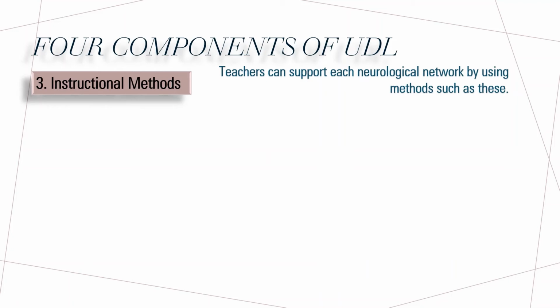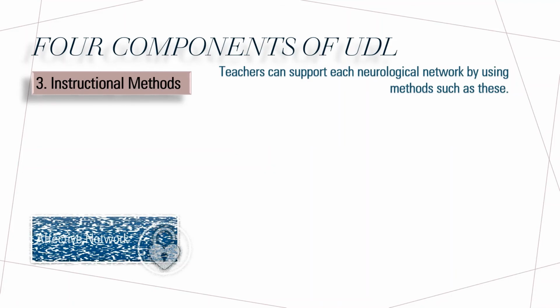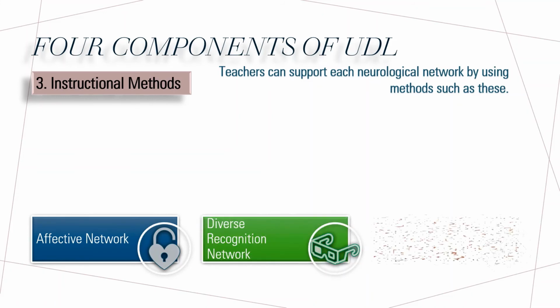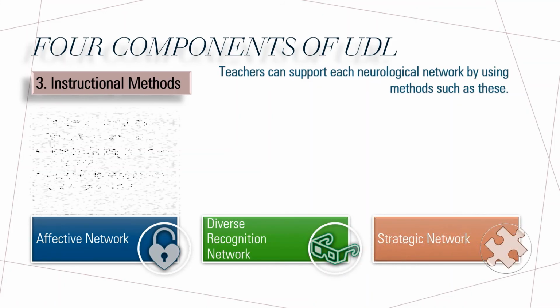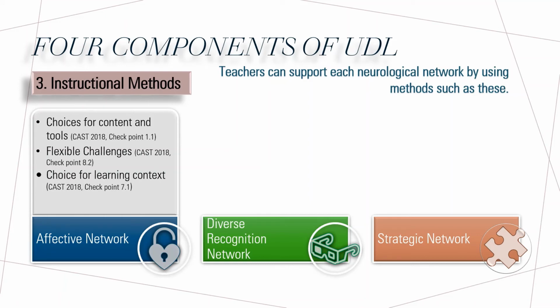Teachers can support each neurological network by using methods such as these. For the affective network, remember this is the engaging of the students and making them want to learn, helping them understand why they are learning. You must give them choices for the content and the tools, give them flexible challenges, and give them choice for learning context.